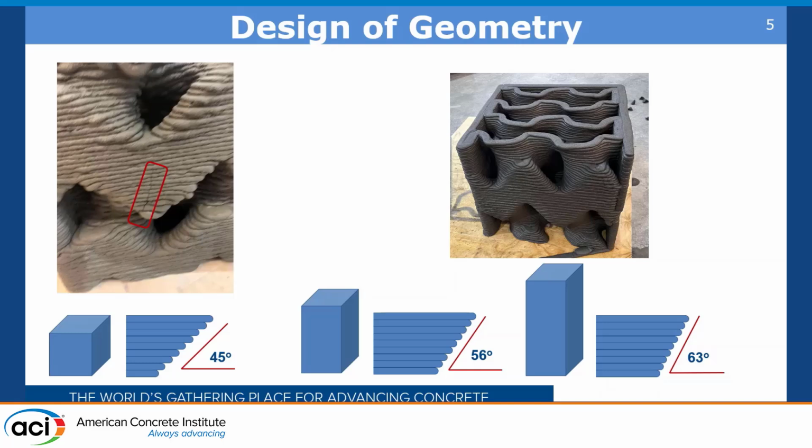And while for our 45-degree angle, we saw cracking fairly immediately, at most 2 hours after our original print, with both our 56-degree and 63-degree overhang angles, we didn't see any issues that we would normally associate with high overhangs in 3D printed concrete. So from this, we were able to find that our 56-degree angle was something we would be able to print with, and we moved to turn this initial structure into a full-scale wall that we'd then be able to test.